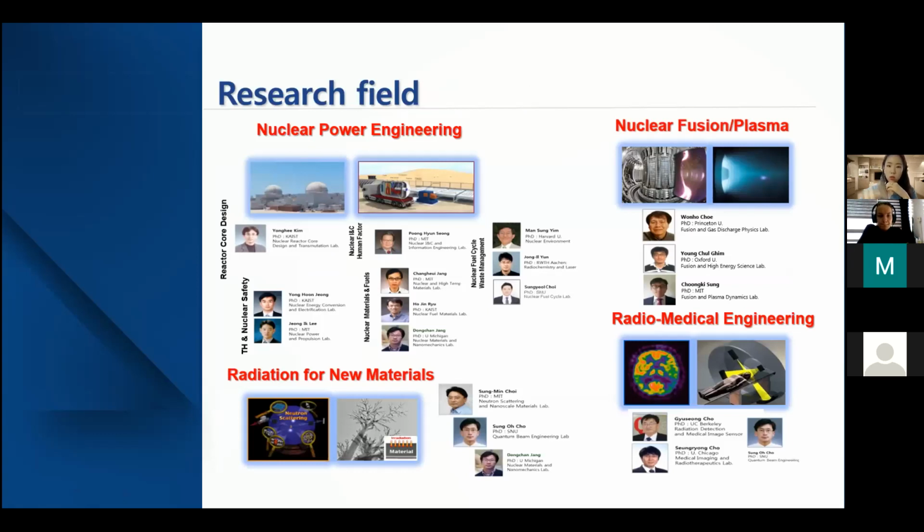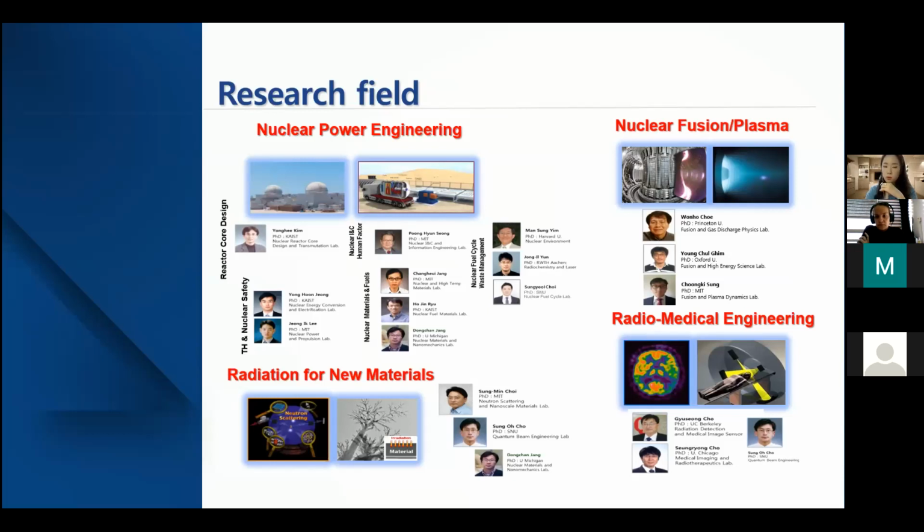So to summarize the research fields that we have in NQE, first we have nuclear power engineering, and there are about 10 professors working in this field. And we have 3 professors in nuclear fusion and plasma.